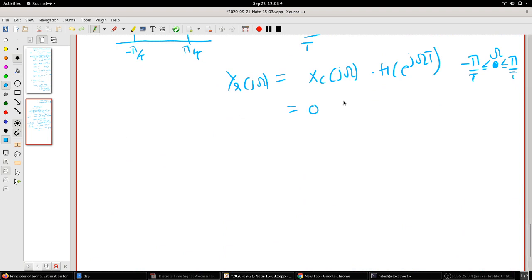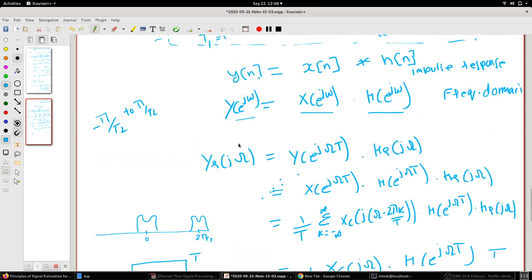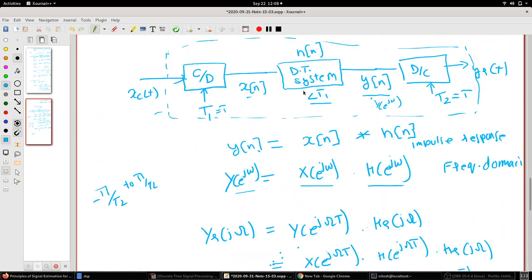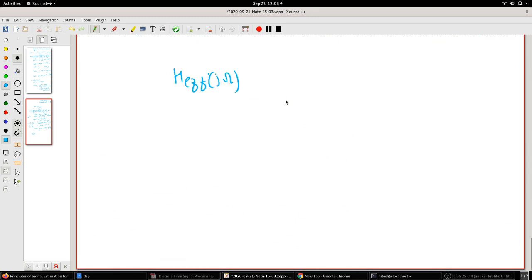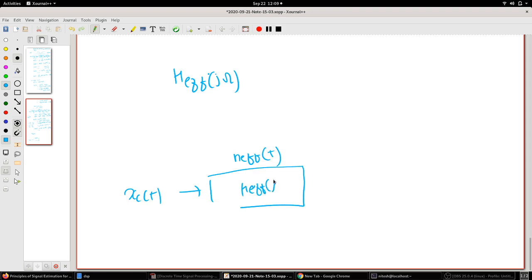The effective frequency response of the system will be H effective(jω), if you look at this complete system as one. You have Xc(t) given to a system with H effective, and Yr(t) is the output.